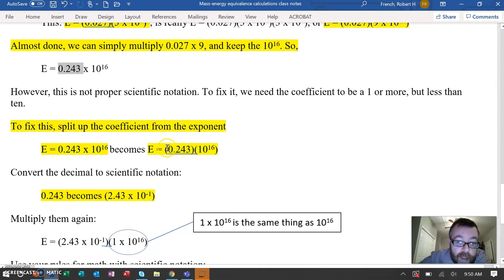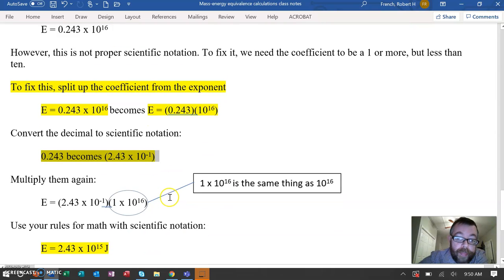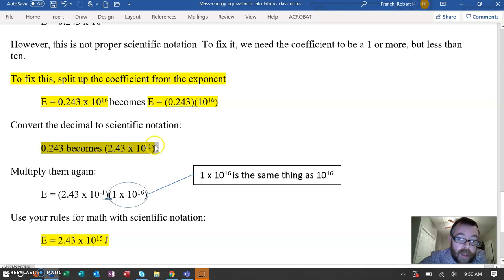Then convert this number here, what was our coefficient, into scientific notation. Okay, so we've got to move the decimal over one spot. So 0.243 becomes 2.43 times 10 to the negative 1. Okay, so we moved it to the negative power because this is a number less than 1. If it was 24.3, it'd be 10 to the positive 1. And you can always check this math too.